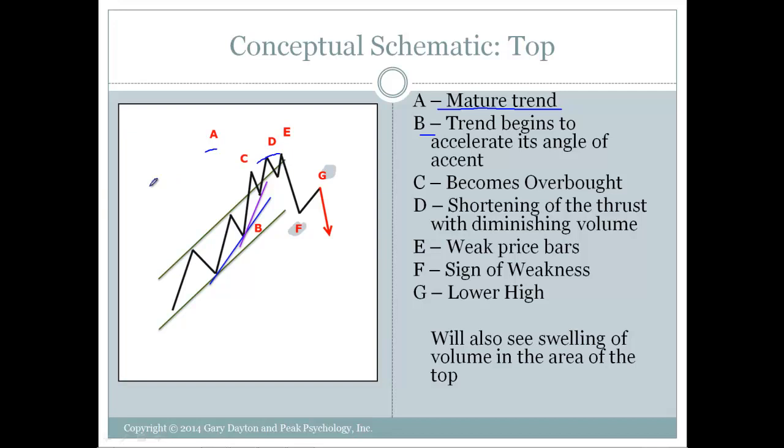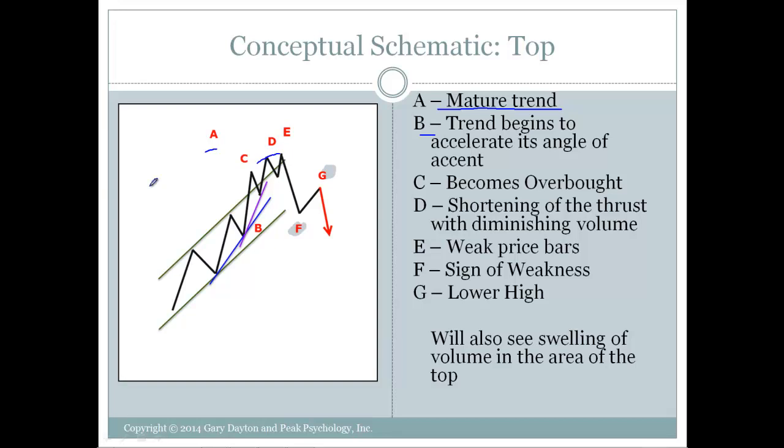That would be an effort to try to rally the market or push it up higher. But that effort isn't really rewarded. So that's one of the laws, right, of Wyckoff, effort versus results. So sometimes we can see that. But generally, when we see shortening of the thrust, and I'll explain this in some detail on the examples, generally we see some diminishing volume when that occurs.